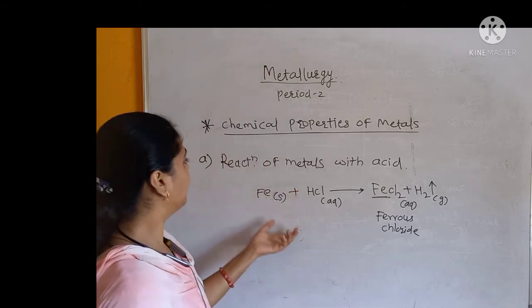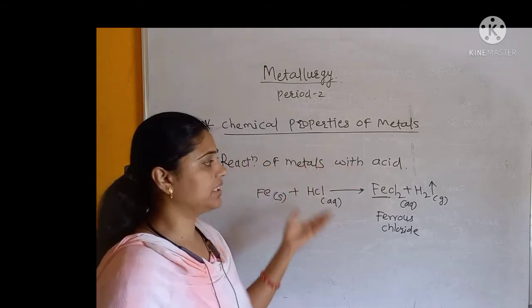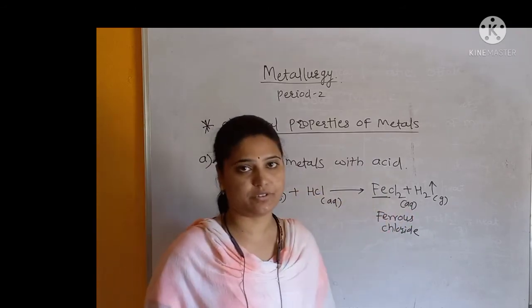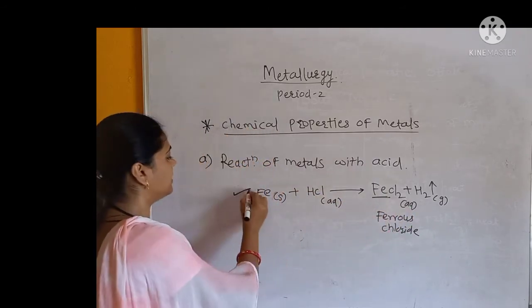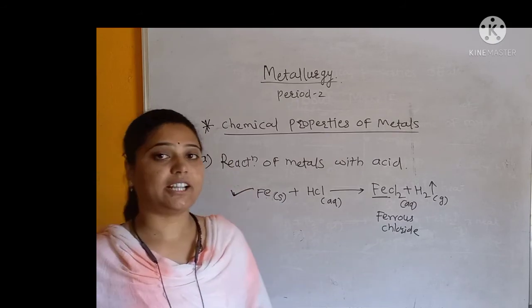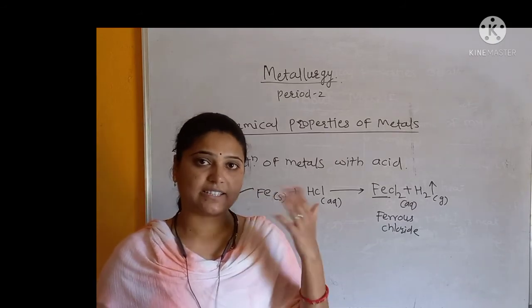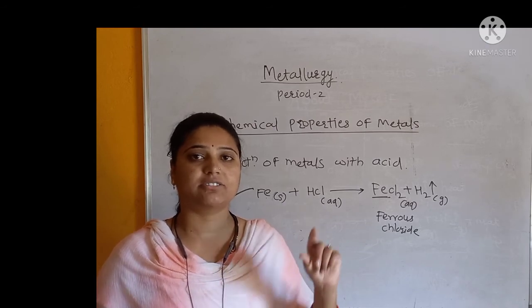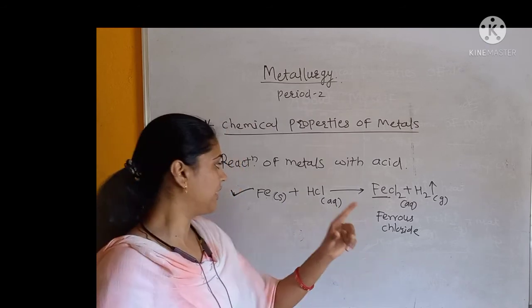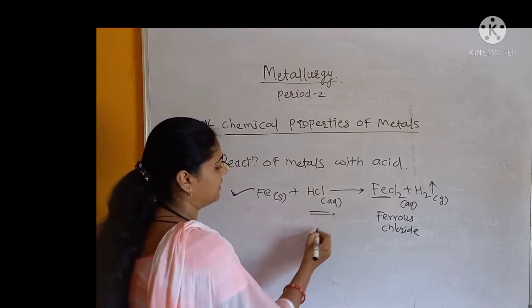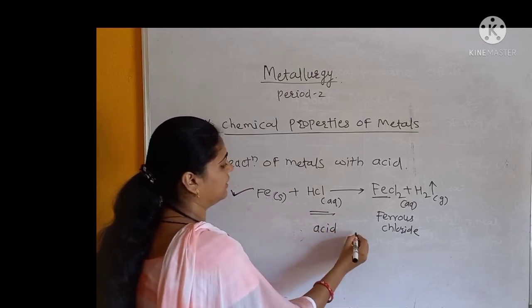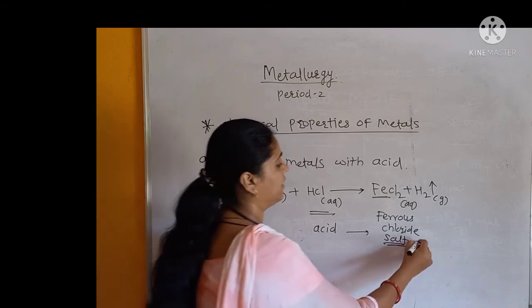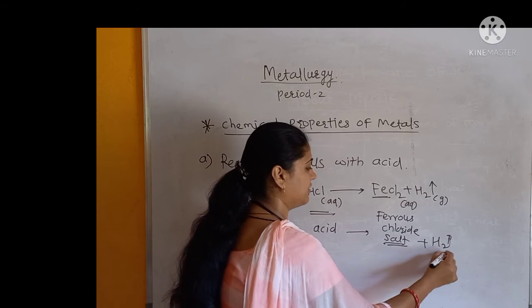So when metals react with acid, there is a formation of salt and removal of hydrogen gas. Basically this is one type of neutralization reaction. In acid and base we already learned that a neutralization reaction means acid reacts with base, forming salt and water. Here there is a formation of salt, ferrous chloride, and removal of hydrogen gas.